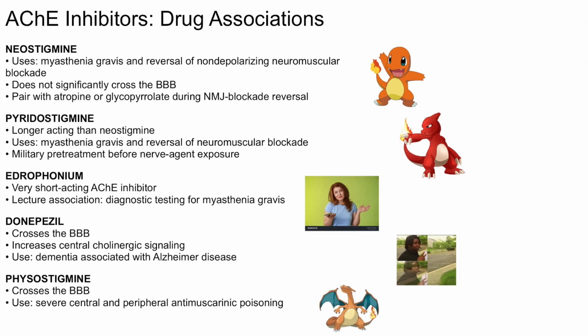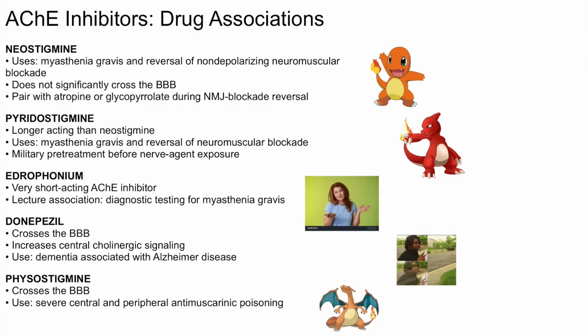Donepezil crosses the blood-brain barrier and increases central cholinergic signaling in Alzheimer's disease. Physostigmine also enters the CNS, making it useful for severe central and peripheral antimuscarinic toxicity when appropriately indicated.